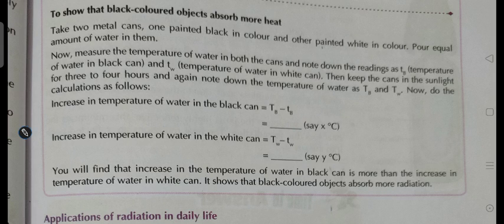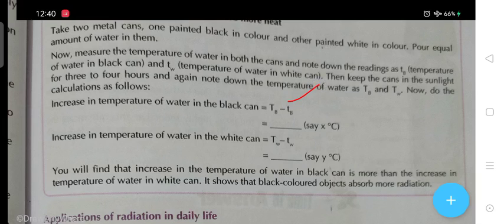Actually, students, the small t represents the temperature at the starting time, and the capital T represents the temperature after 2 to 3 hours. So the increase in temperature of water in the black can is obtained by subtracting: capital TB minus small tb. Here you will get the answer.